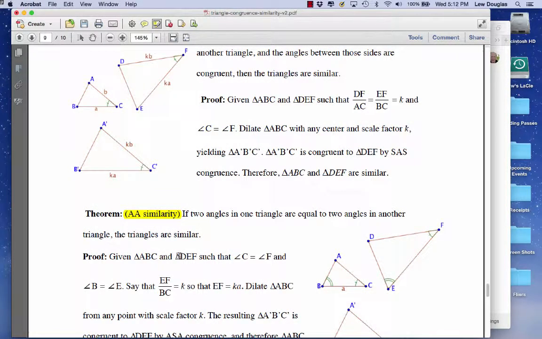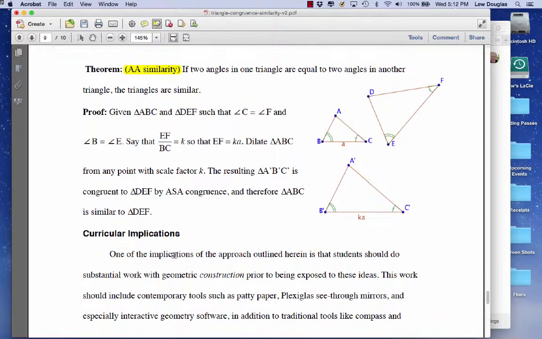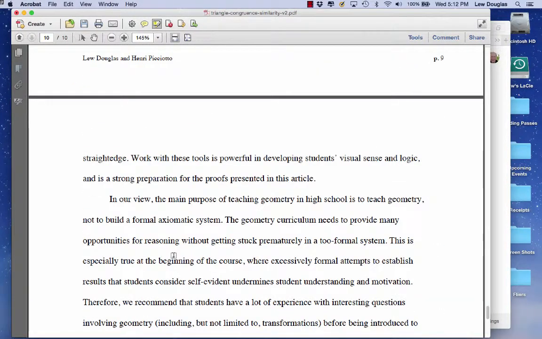That corresponds to ASA, really, because one side being proportional doesn't mean anything. You need two segments or four quantities to make a proportion. So we can drop the side, and it just depends on the angles. So that corresponds to ASA, basically.